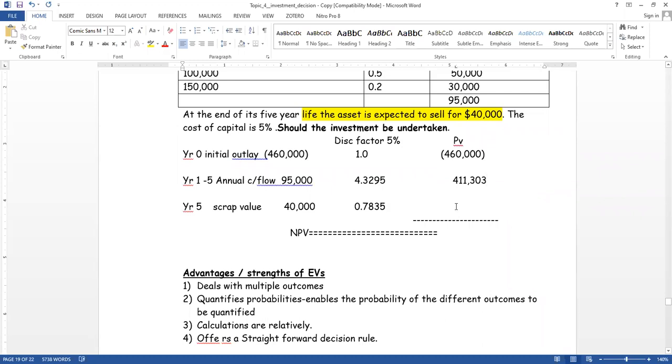Then here 31, 340. And the scrap value, when we have negative 17, 357, 356. Yes. Is it a negative? Yes, it's a negative.